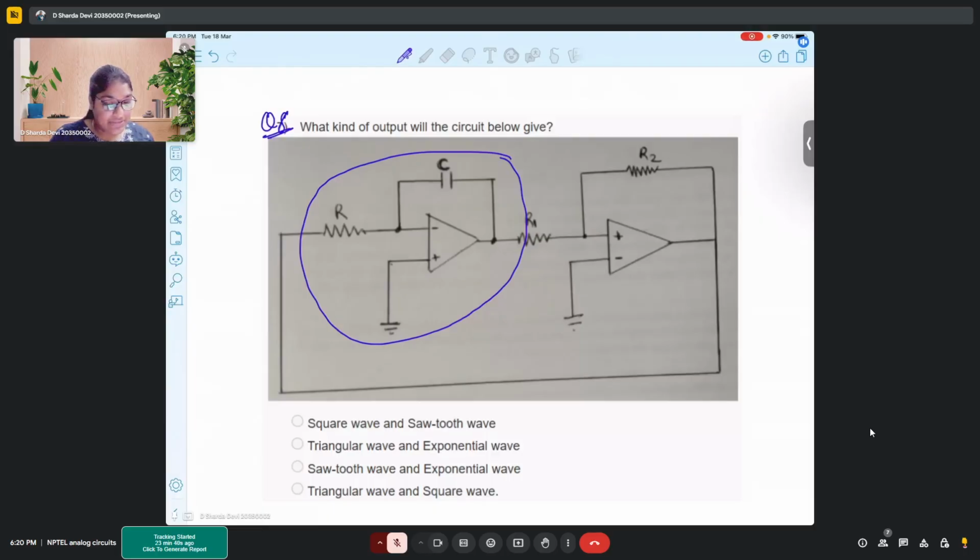Have we seen this kind of circuit before?